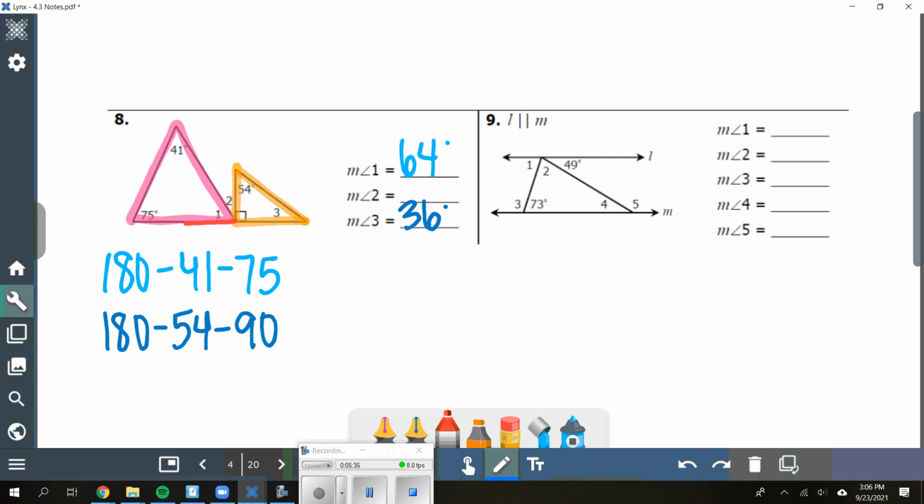But for angle 2, 1 plus 2 plus 90 is forming a straight line. So that's not considered a linear pair, but that is considered 180 because it's forming a line. So to find that angle 2, we can do 180 minus angle 1, which is 64, minus 90 to get 26.